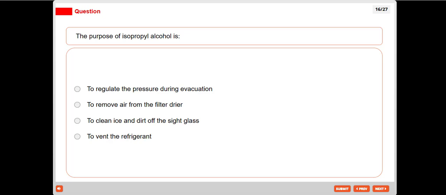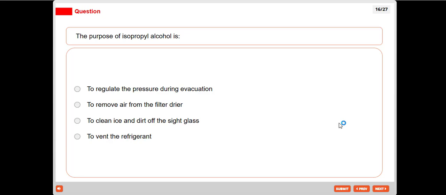The purpose of isopropyl alcohol is to regulate the pressure during evacuation, to remove air from the filter dryer, to clean ice and dirt off the sight glass, to vent the refrigerant.